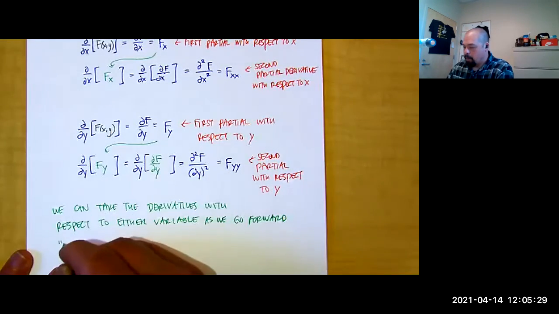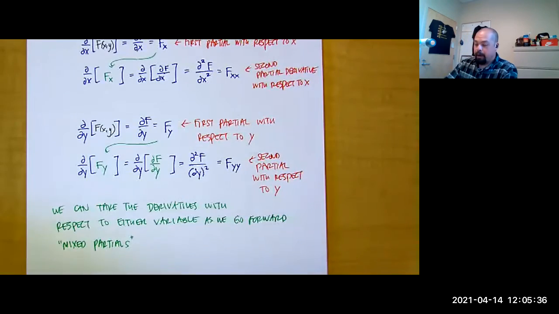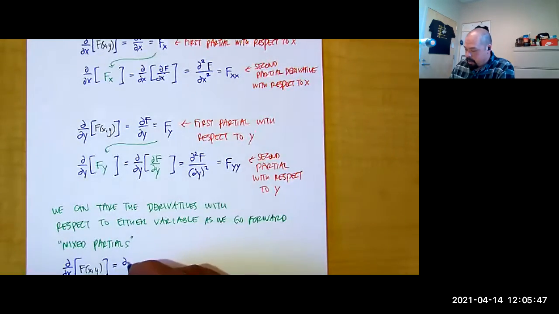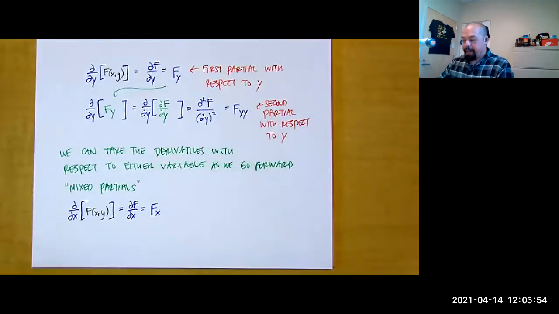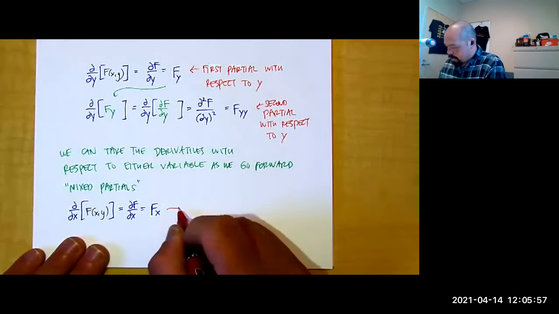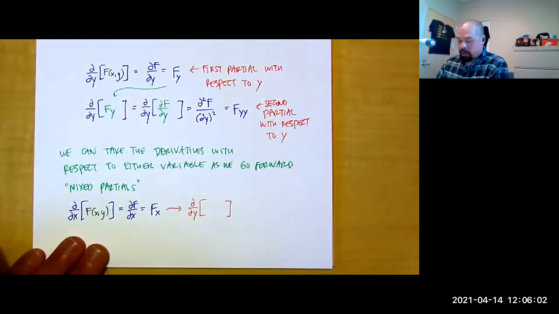So we kind of call here our mixed partials. Right, so we can start off, maybe we're going to take the derivative with respect to x for our function. Get our df dx, or your f sub x. And then maybe after that, what if I take my derivative with respect to y for that result?